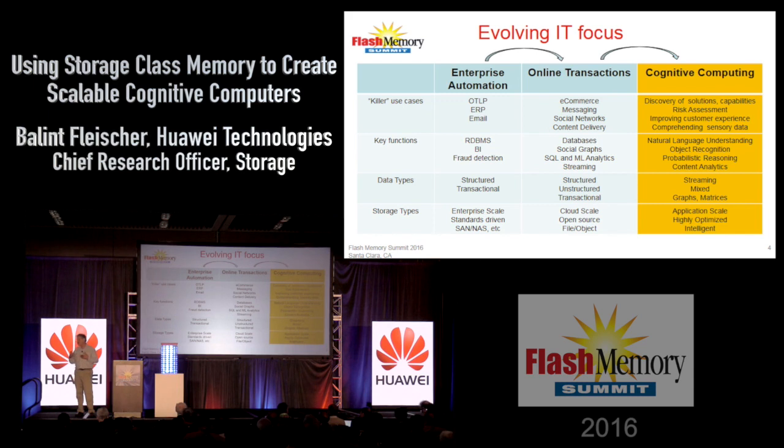So basically offloading humans, and complementing humans, is a big function of cognitive computing. If you look at the applications there, the use cases are different because you are focusing on risk assessment or finding new solutions.